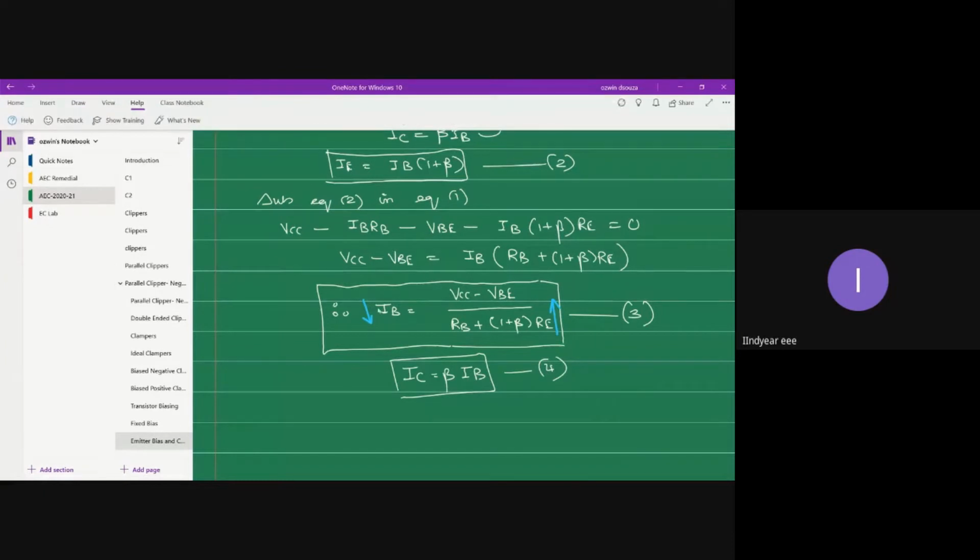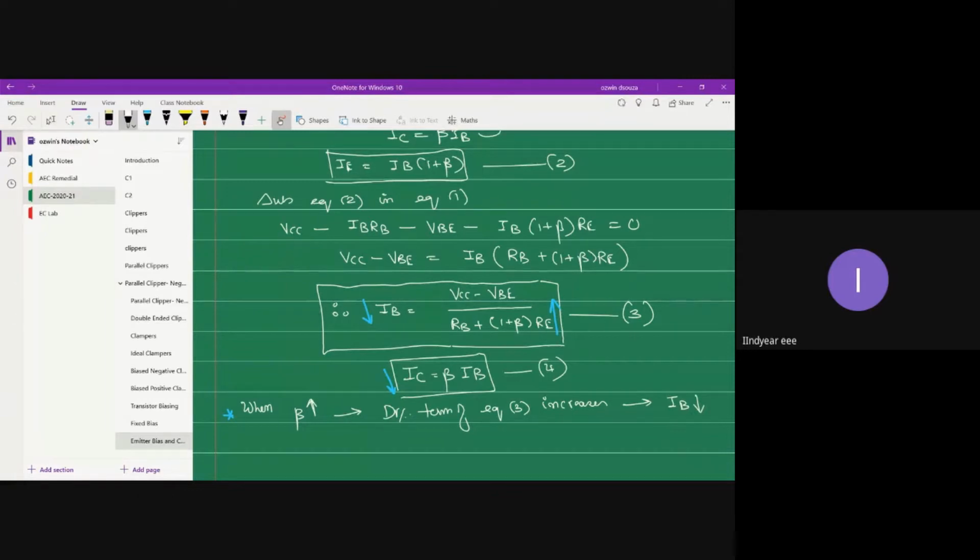So when your base current decreases, it's very sure that the collector current is going to reduce. So basically, the presence of RE gives something known as the compensation effect. When beta increases, the denominator term of equation 3 increases, due to which the base current decreases.